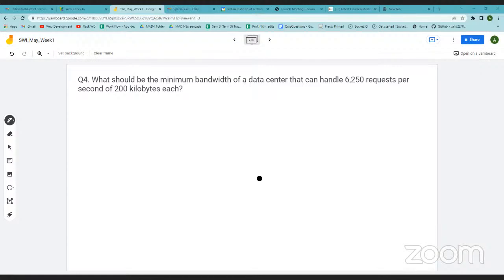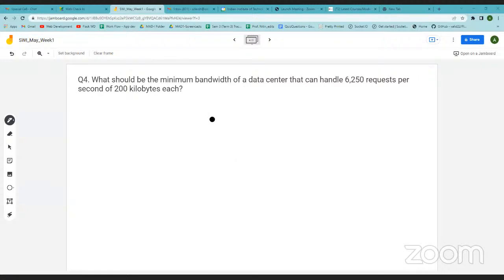And the website then sends me back the updated web page, saying your profile picture has been updated. That web page will also be of some size, a few MB or something like that. So here we are seeing 200 kilobytes each. So the number of requests it can handle will consider both the incoming as well as outgoing data, correct?